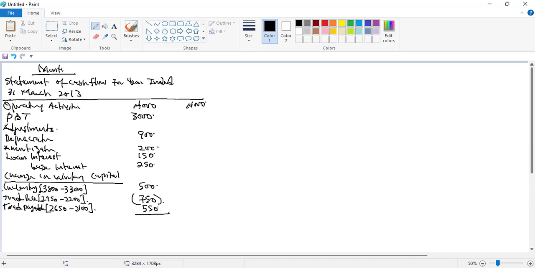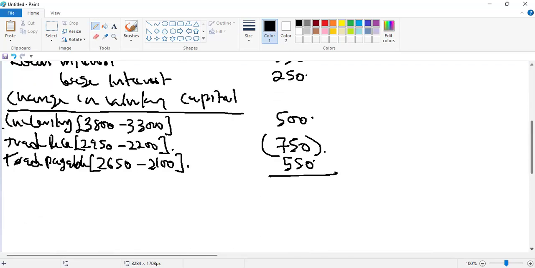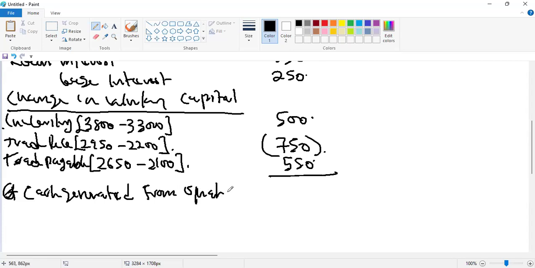I'll just bring 4,800. Cash generated from operation, 4,800. Then tax.